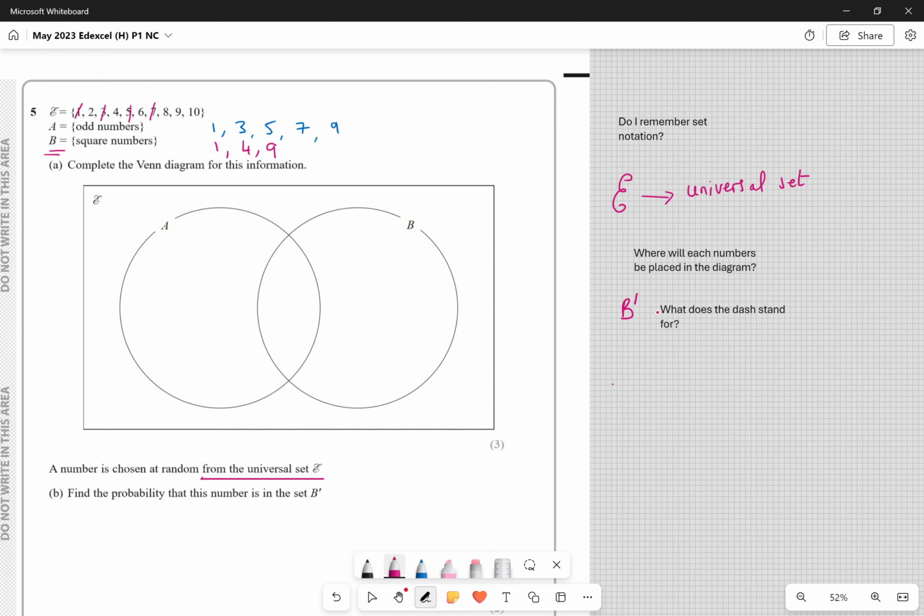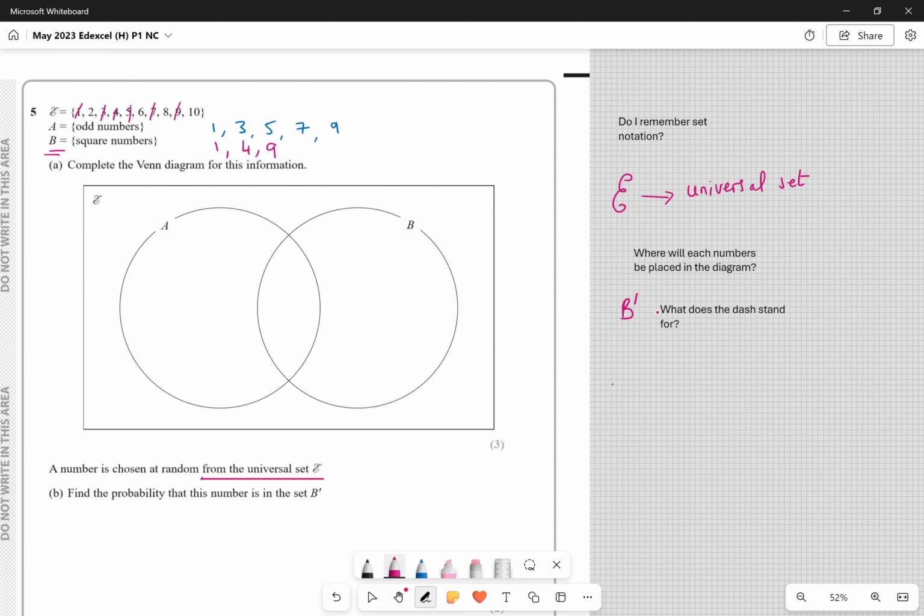We've used 7, we haven't used 8, we've used 9, and we haven't used 10. So the numbers that we haven't used are 2, 6, 8, and 10.